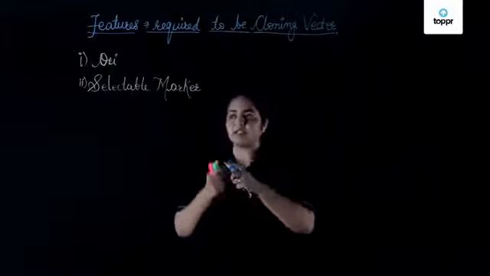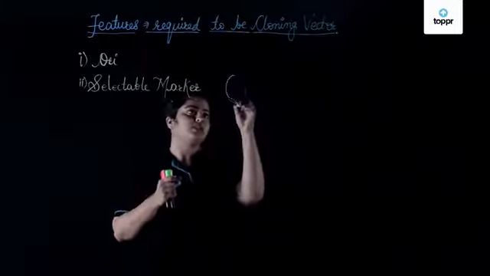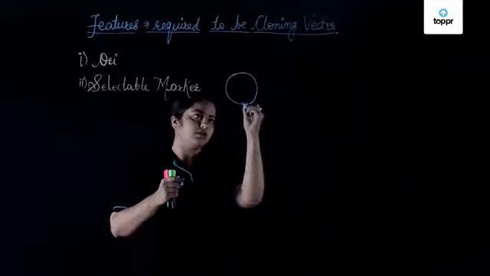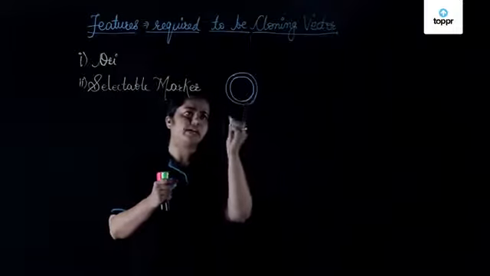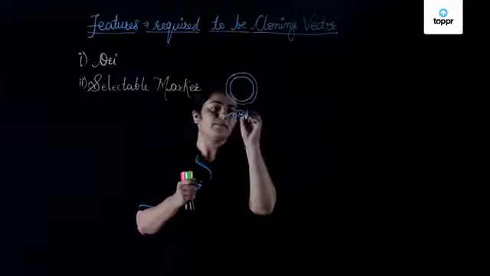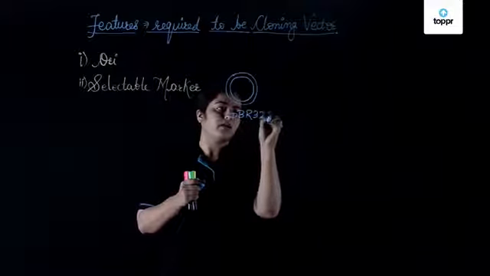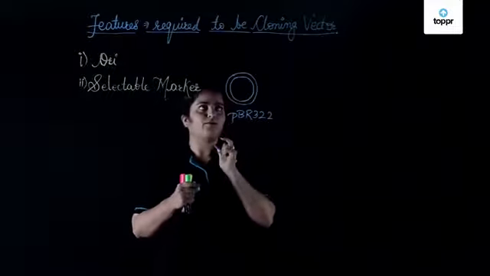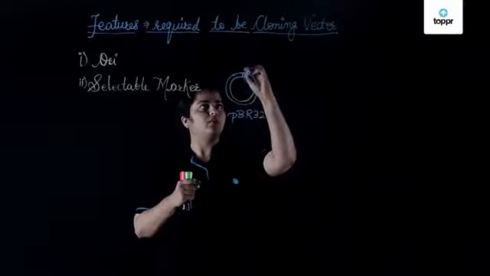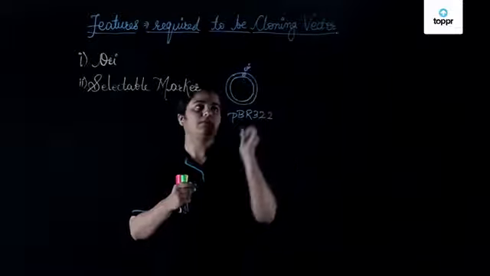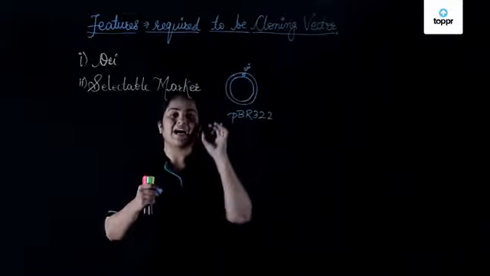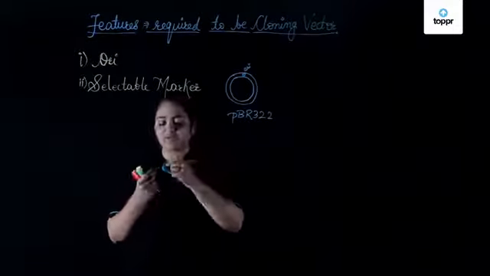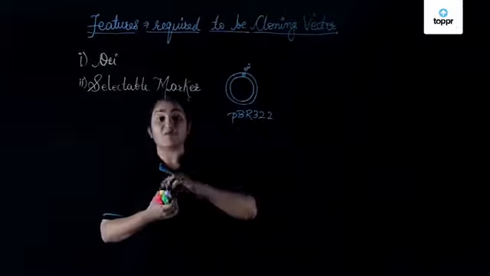Yes, that means suppose this is my plasmid which is acting as vector. For example, let's take pBR322, the most ideal one. Now, here it will have the ori region, fine, correct. Selectable markers means what? On this side, I should have some segments of DNA which act as markers.